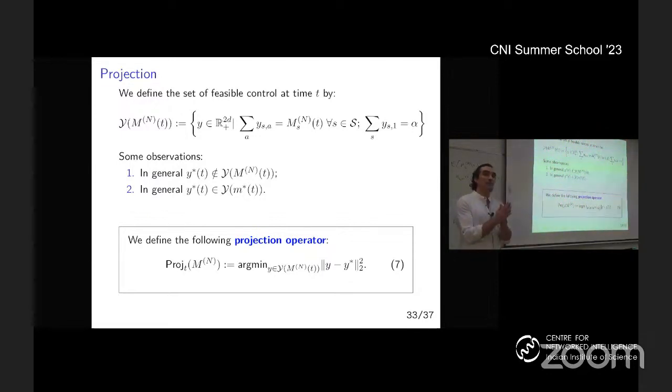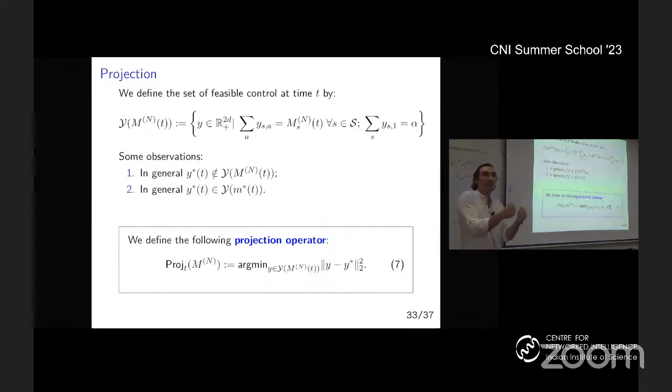I have an MDP with N arms. I don't know how to solve it. First, let me design a policy that has the following two properties. It is feasible for my MDP with N arms. This is the set calligraphic Y, right? And also, when my control is actually equal to the LP, I want to be the LP.